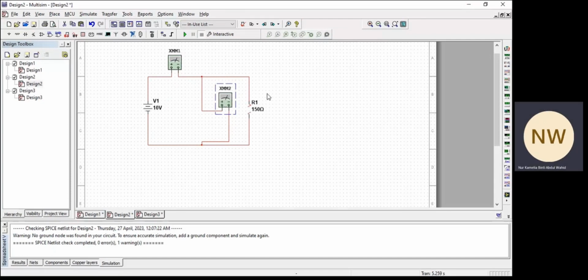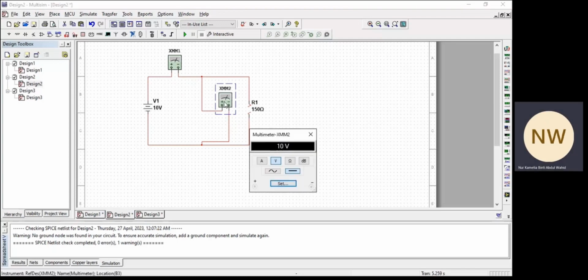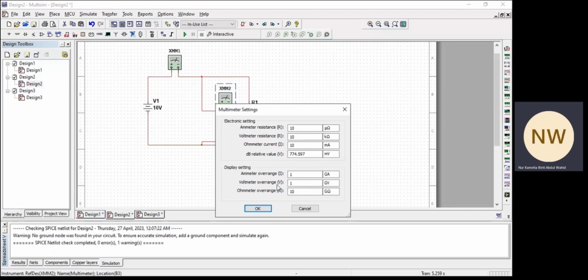So for the first activity, we have to put the internal resistance of the voltmeter at the voltmeter. So we have done set up the voltmeter resistance.